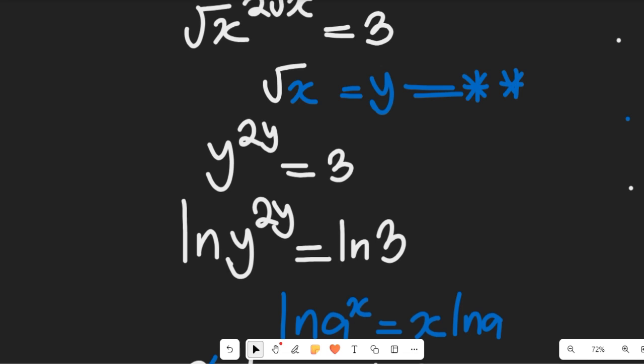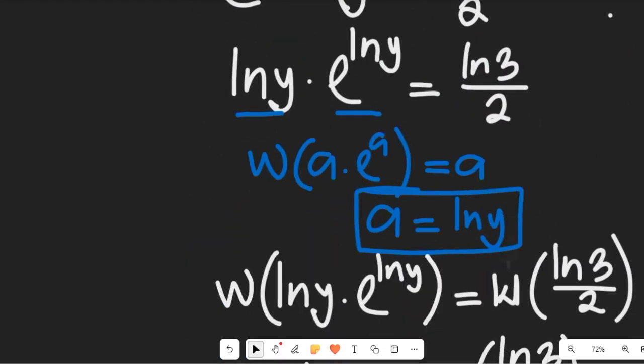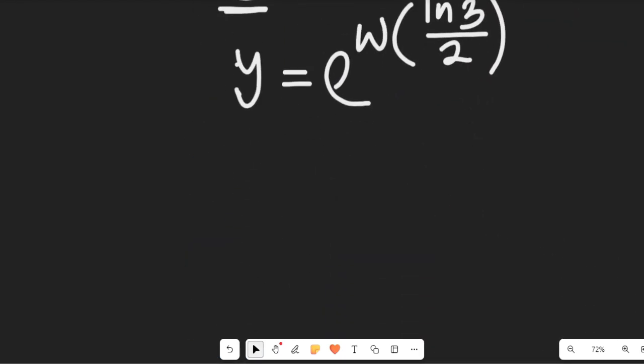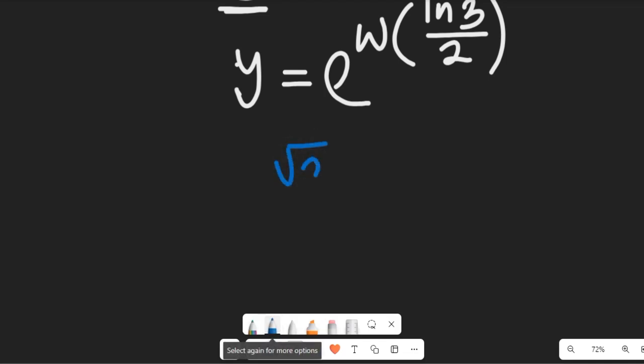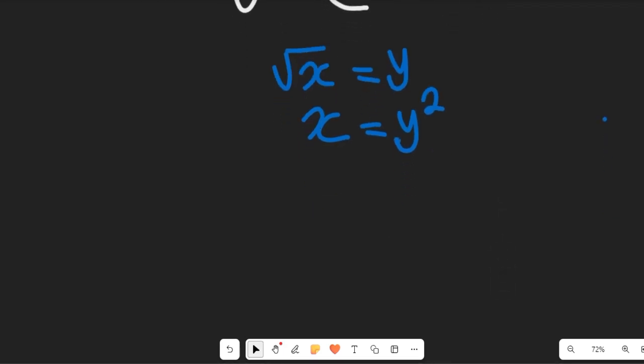So if the value of the square root of our x is equal to y, recall that's exactly what we have, and we have our y to be equal to this. We had the square root of x, we say it is equal to y. So that simply tells us that our x can be equal to y what? Y square.